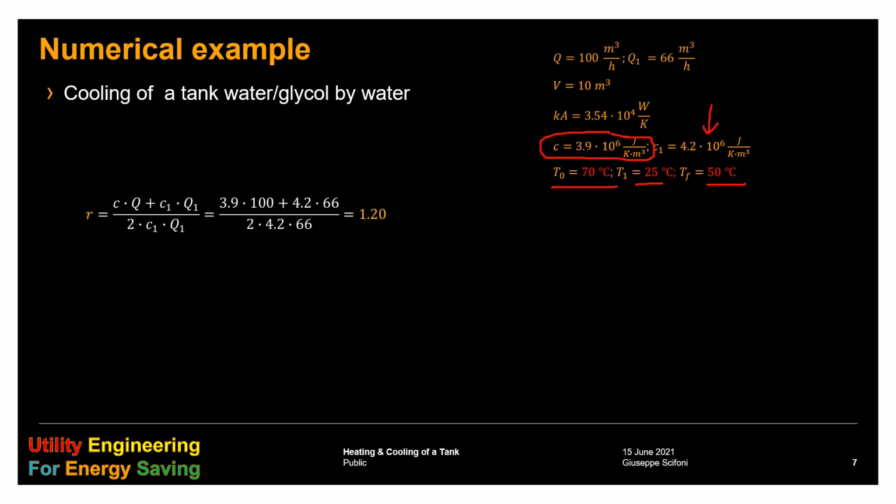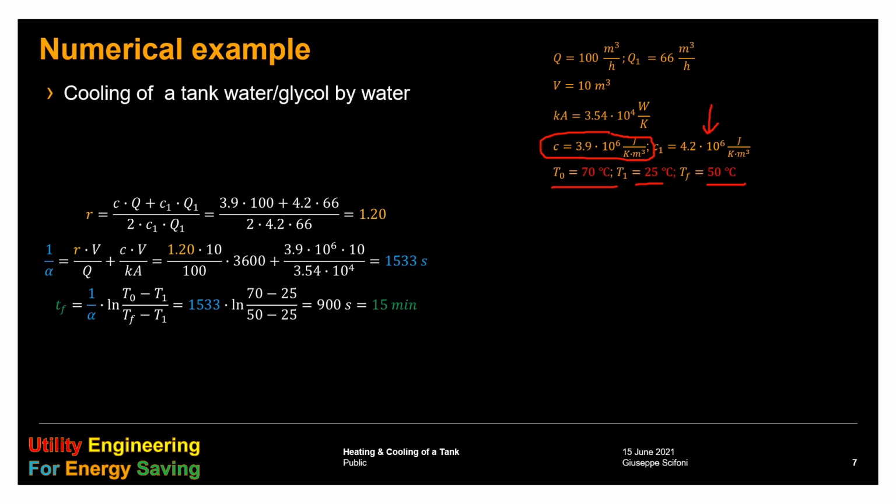We need to calculate the parameter R and alpha, or 1 over alpha. R is given by this expression, therefore 1.20 dimensionless. And by means of R, we can calculate the constant 1 over alpha, and we find 1533 seconds.